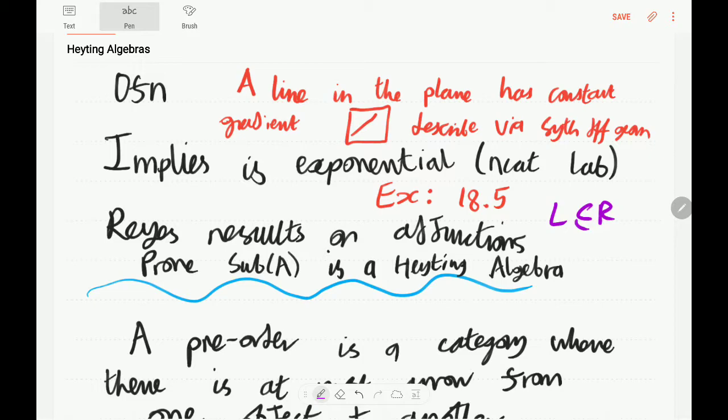And there's various operations in this, including the ideas of meets and joins.